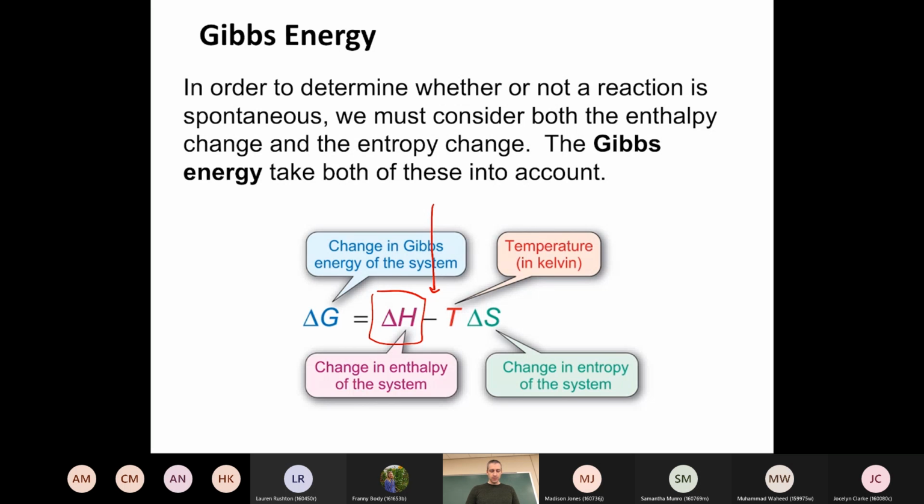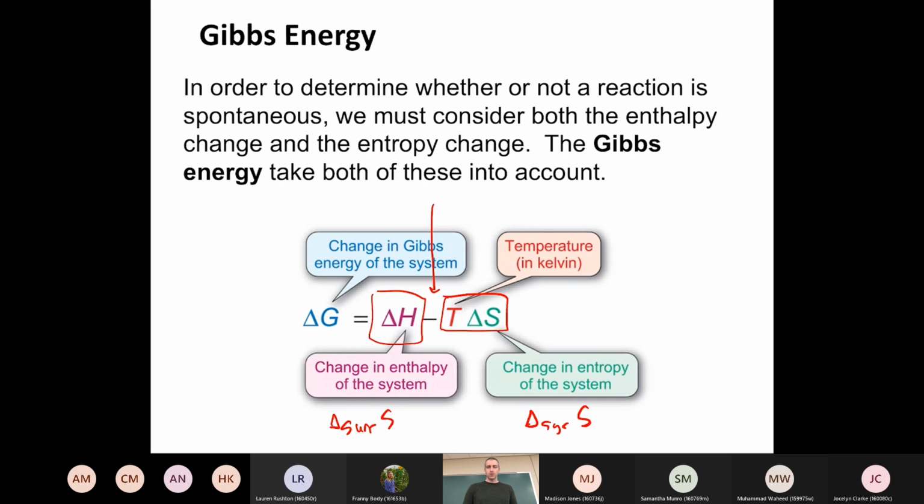Because the energy associated with enthalpy, the heat that's being absorbed or emitted, goes into or comes from the surroundings, which will change the delta S of the surroundings. And then we have this other piece, which is the delta S of the system. So we have the delta S surroundings part and the delta S system part, just like the second law.